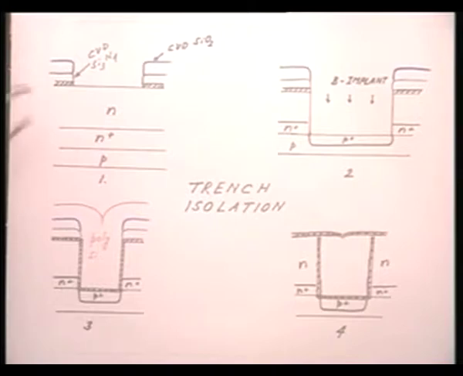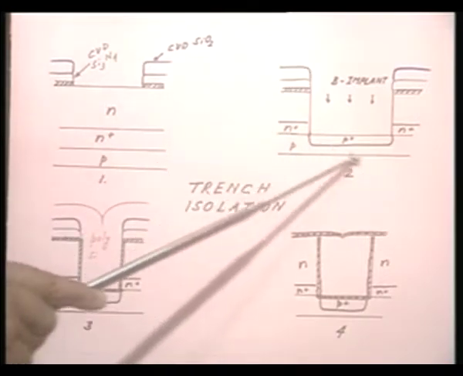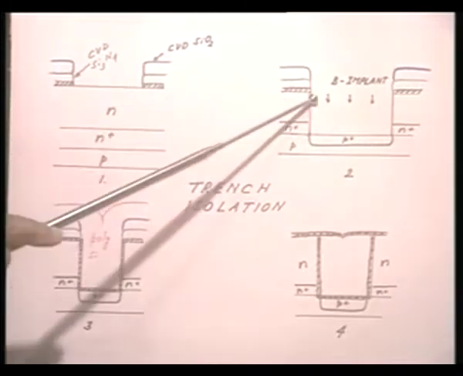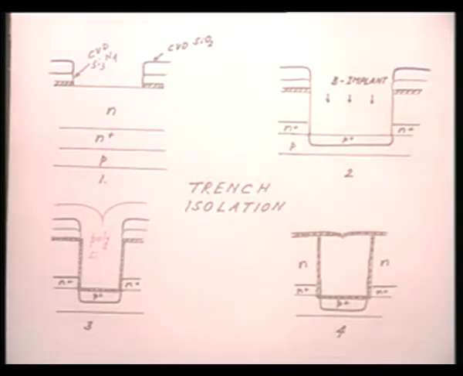Now in step 2 we have etched down vertically. Vertical etching is done, you see, and that is possible only when you use dry etching. So you see, with the advance of technology, to have such vertical sidewalls, wet chemical etching will not do.